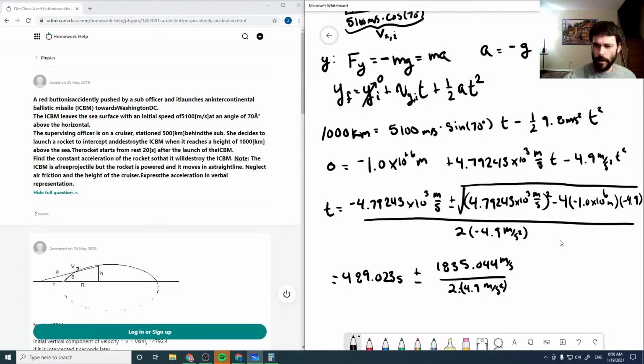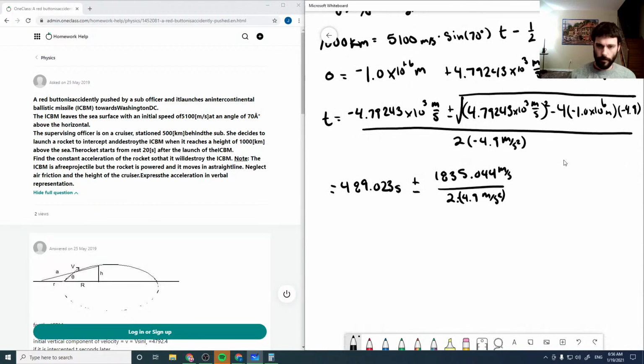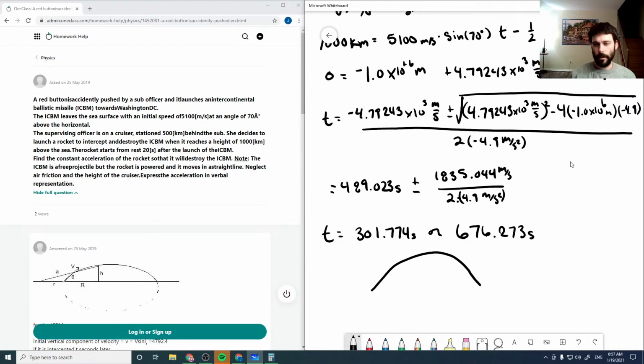So then our t is 301.774 seconds, or 676.273 seconds. And these two times would just correspond to 2 points on the parabola where it equals 1,000 kilometers.